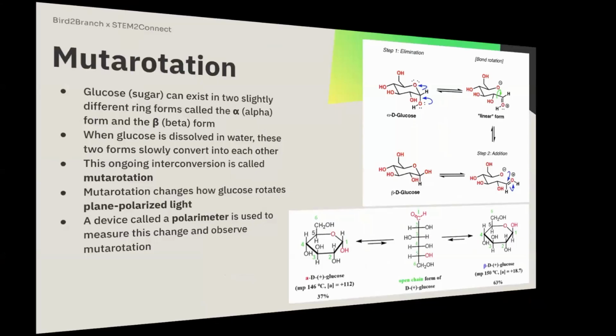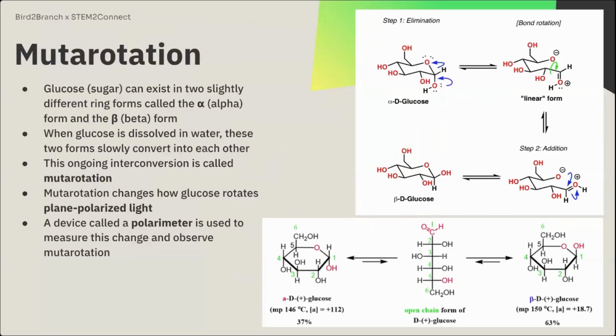All right, so we were going to run through a short mutarotation activity, but we're running a little short on time, so I'll give you a quick intro on what this is, and you can always review it in the slides after. Essentially, mutarotation is how molecules rotate light. For example, glucose is a sugar that exists in two slightly different ring forms that are called the alpha form and beta form.